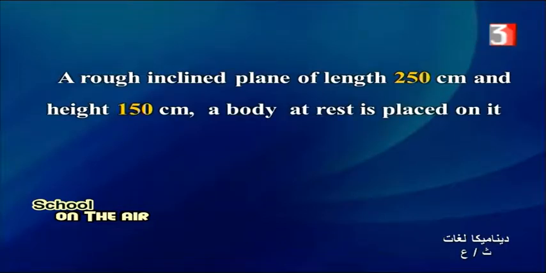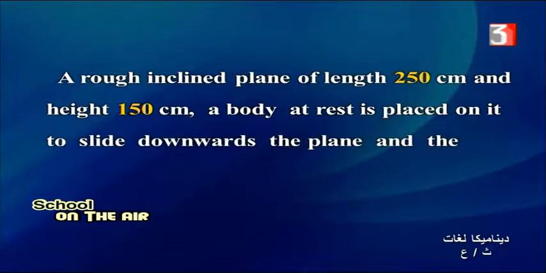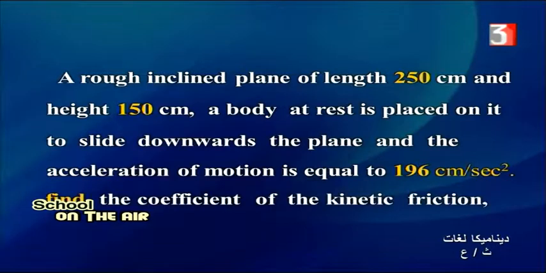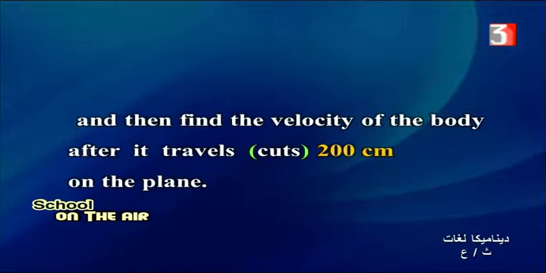A body at rest is placed on it to slide downward the plane, and the acceleration of motion is equal to 196 cm per second squared. Find the coefficient of the kinetic friction and then find the velocity of the body after it travels 200 cm on the plane.